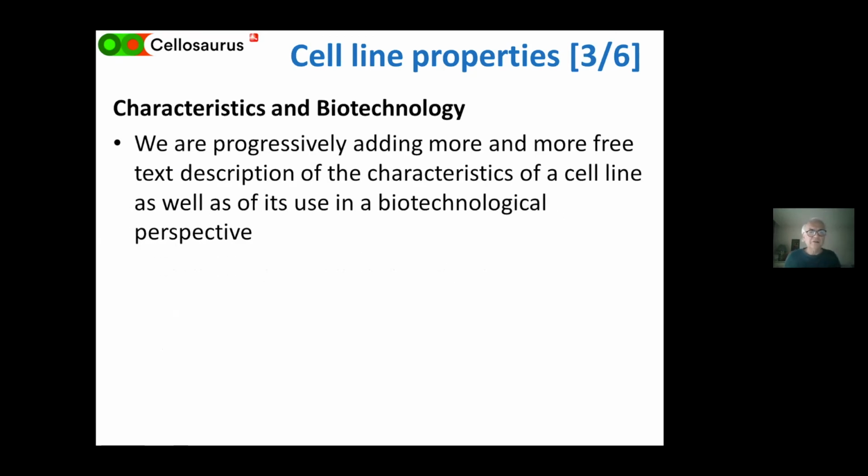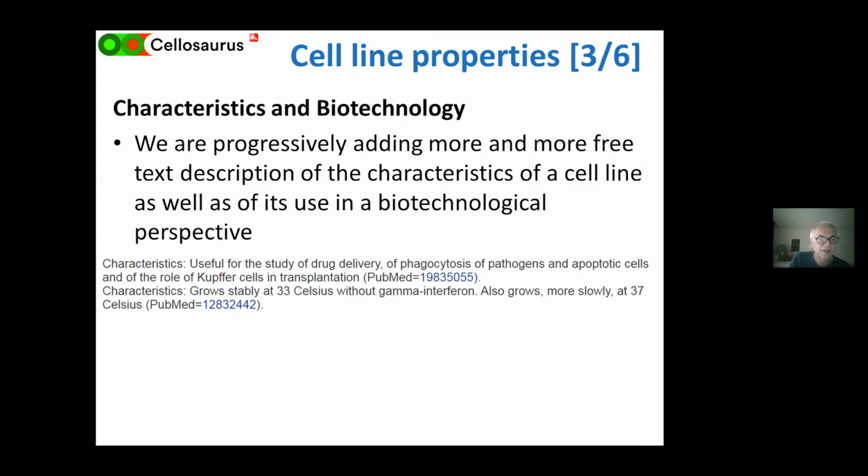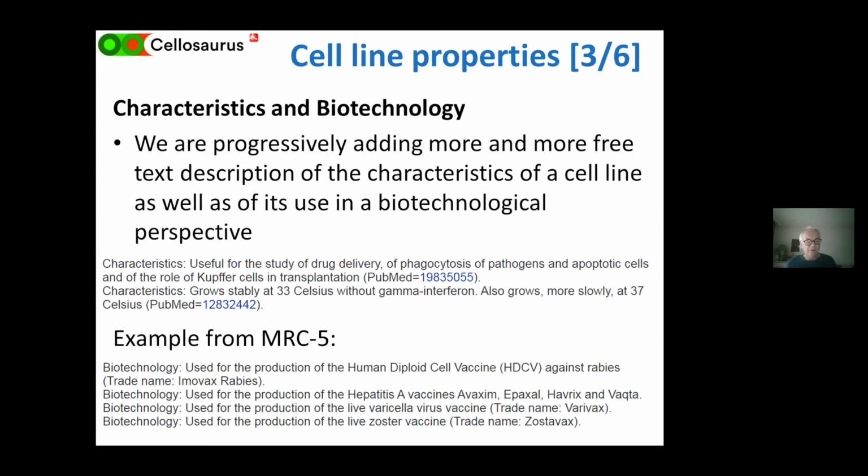Now, characteristic and biotechnology. At the beginning, there was no textual information describing the cell line in Cellosaurus, and we started having a small blurb of text which describes the characteristics of a cell line, like here, useful for the study of drug delivery and phagocytosis of pathogens and so on, or grows stably at 35 degrees Celsius. Or here, from a biotechnological use of a cell line, an example for MRC5, which is used for production of different vaccines and so on.